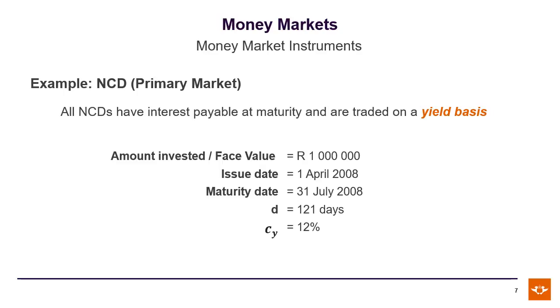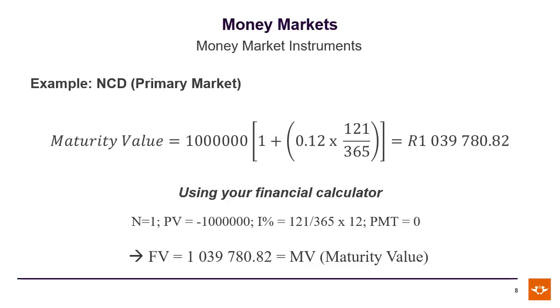There is a principal sum, which is paid or invested up front, which could also be referred to as the face value or nominal value. At maturity, the investor receives the principal sum plus interest, and this instrument may or may not be negotiable.